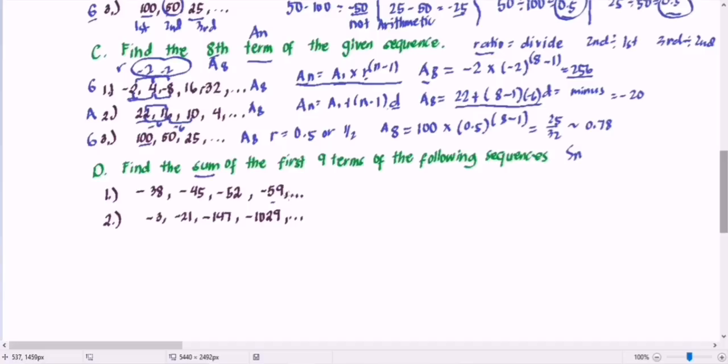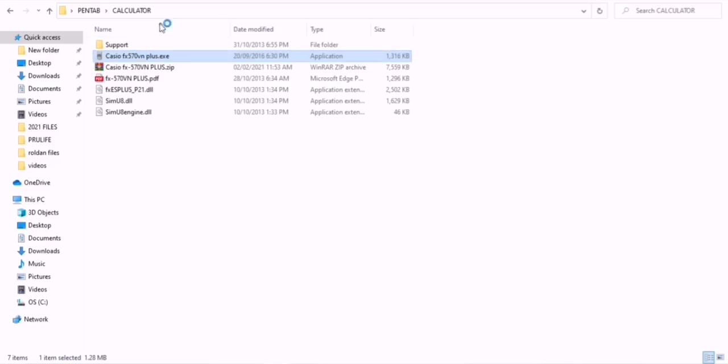So, paano magagawin natin dyan? So, ngayon, ang gagawin lang natin ay alamin muna natin kung yan ba ay arithmetic o geometric. So, para malaman, ima-minus muna natin para malaman kung arithmetic. So, second term, negative 45 minus 38. Pag kinalkula natin yan, that is equal to negative 7.